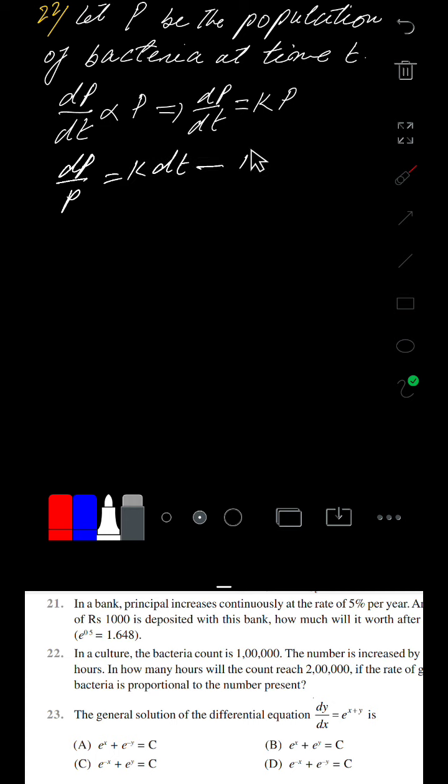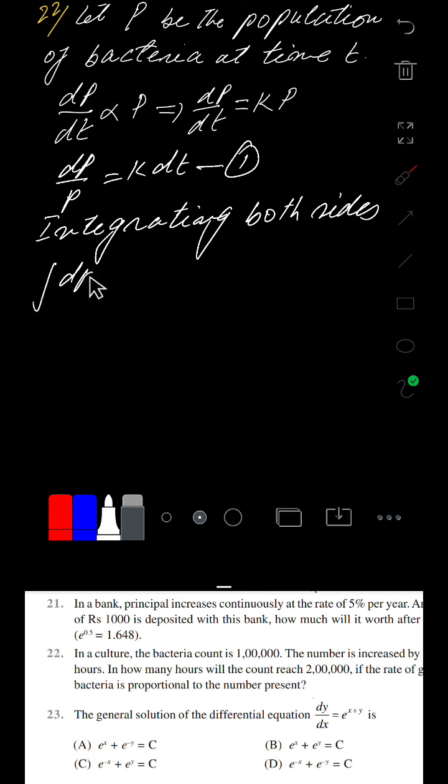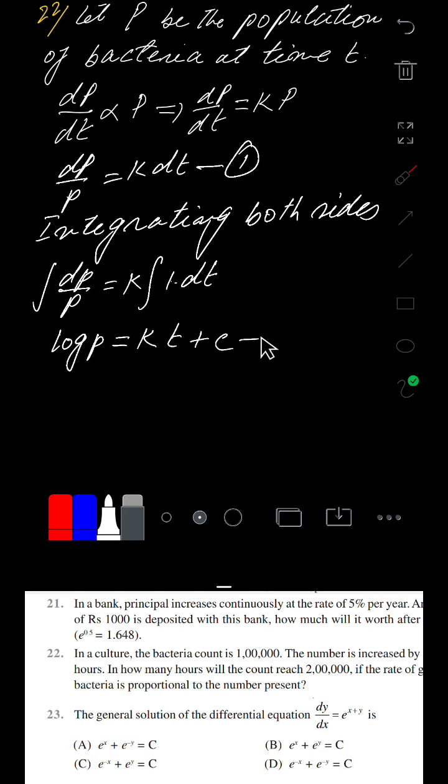That will be equation number 1. Integrating both sides, integral dP upon P is equal to k integral 1 dt. Integral of 1 upon P with respect to P will be log P is equal to k times integral of 1 with respect to t, which is t, plus c, the constant of integration, equation number 2.